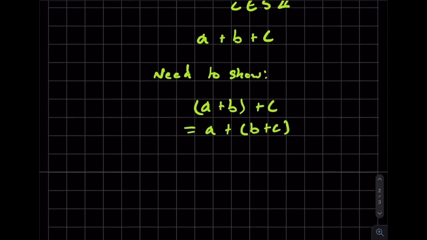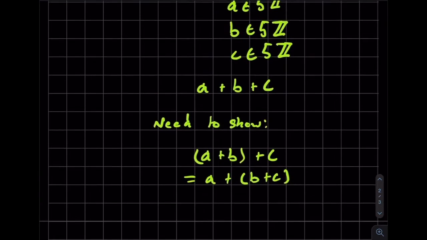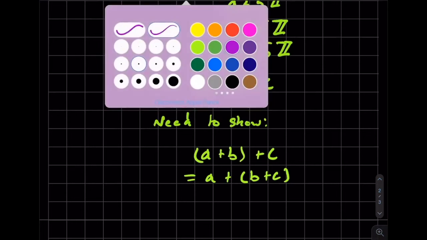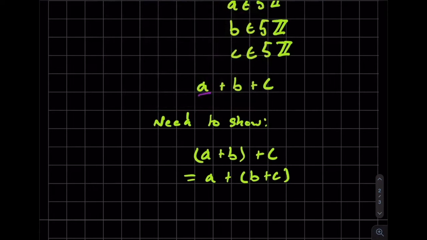Once again, it's going to help if we frame each of these, A, B, and C, as elements of 5Z.